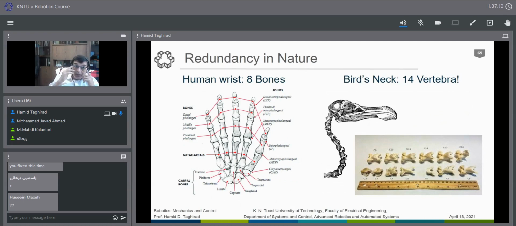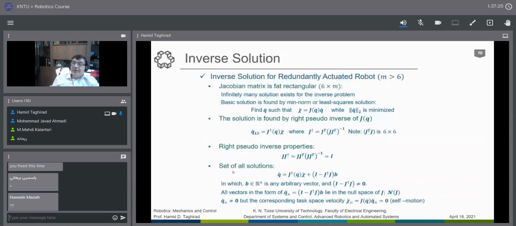If you would like to design some particular cases, you can have the redundancy. And what will be helping us? We can see that the helping is by the inverse solution. If you have a 6 by M matrix, I will repeat that in the next session.